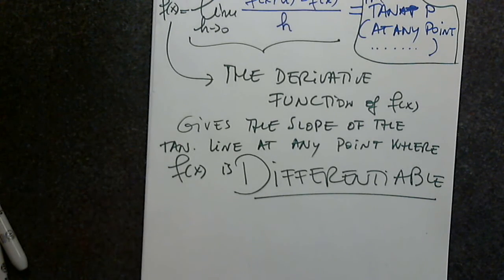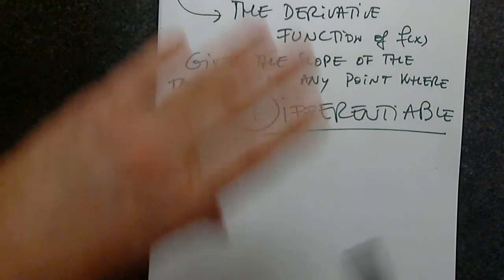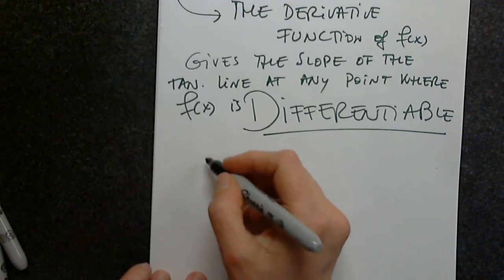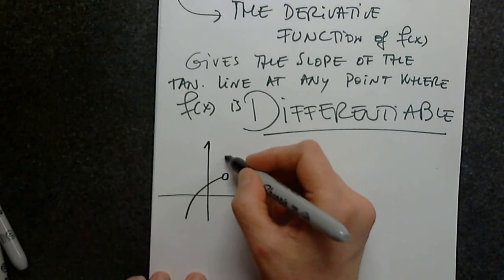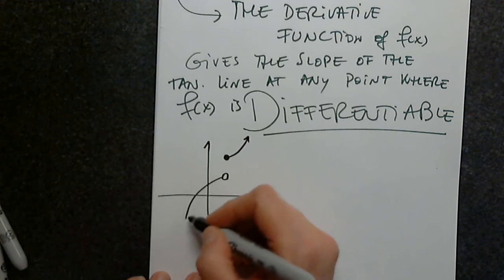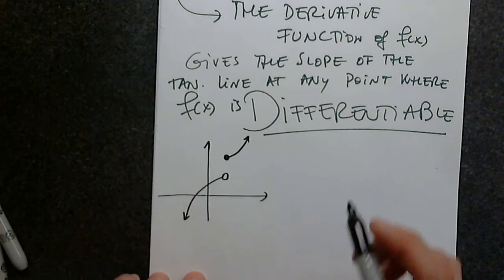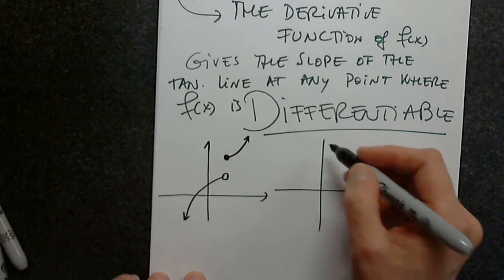In how many ways can that happen? Here are the ways. This is one. Here's another.